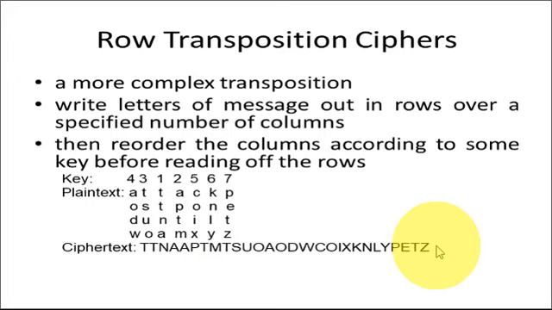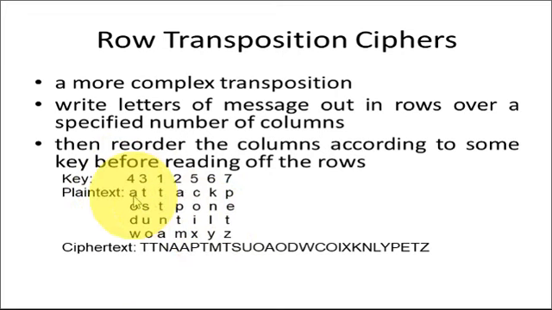On the receiver side, he knows only the key, 4, 3, 1, 2, 5, 6, 7, and the ciphertext. To decrypt the message, first you have to fill it in matrix format. But he doesn't know how many rows there are. Here, when we wrote the plaintext row by row, we got 4 rows.